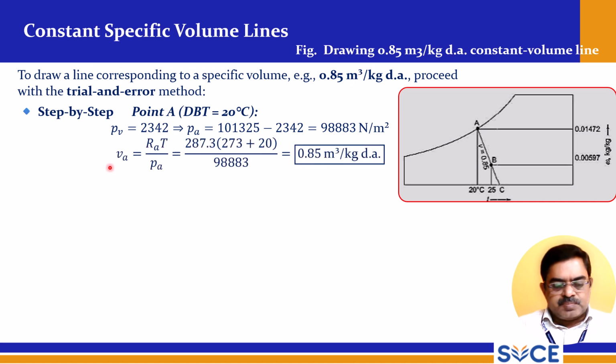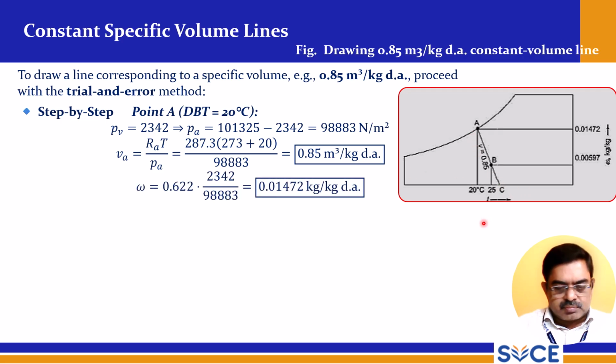Now VA is RA T by PA, that is 287.3 into 273 plus 20 divided by PA. So now this comes as 0.85 meter cube per kg of dry air. So this is the line, and omega we can find out, that is 0.1472 kg per kg of dry air.